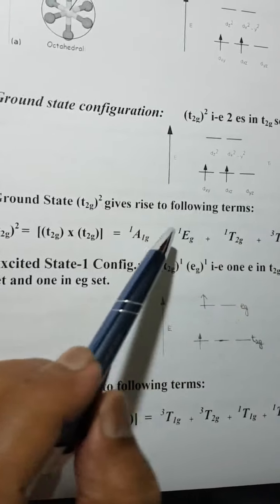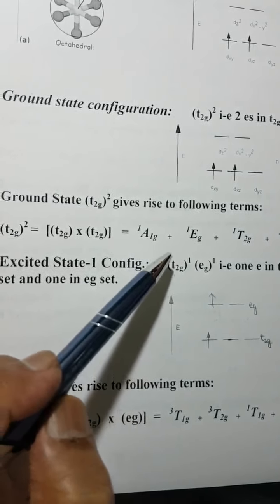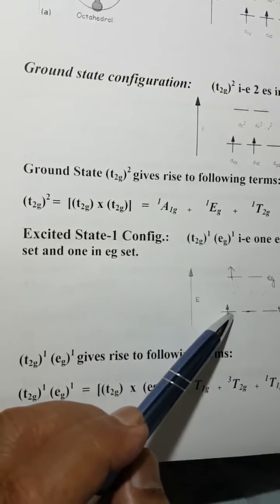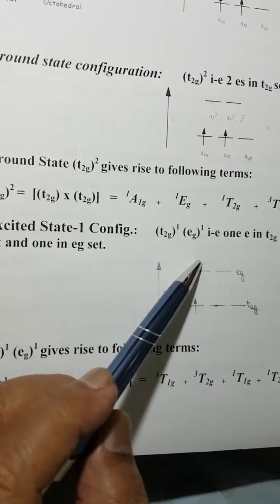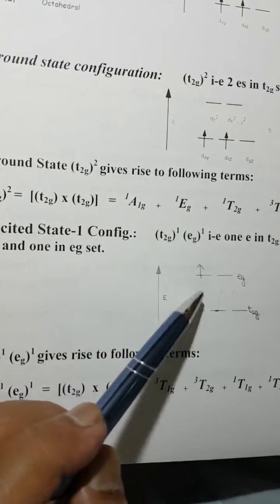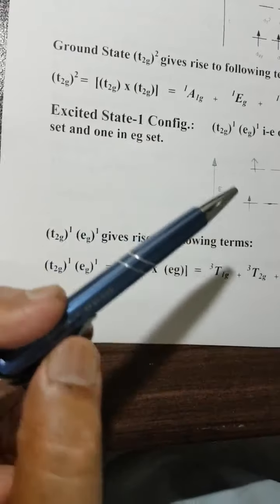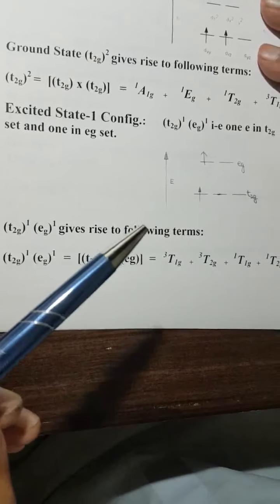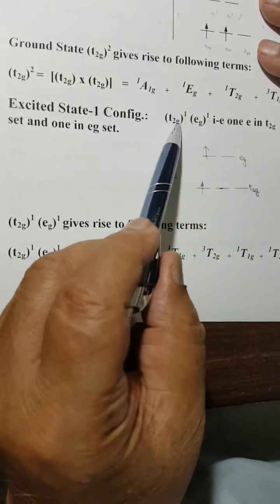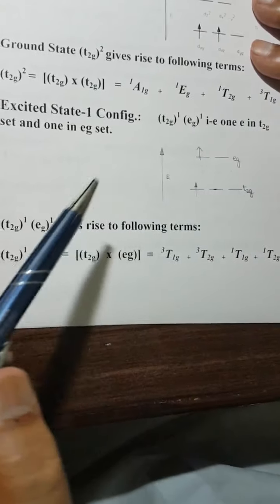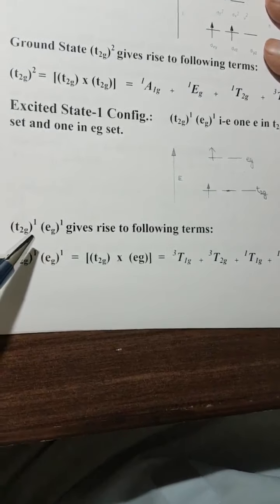Supposing 1 electron goes up from here, it goes up there. So 1 electron is here now, the other electron is here. So now the configuration will be t2g1 eg1, 1 electron up and the other electron down in t2g.